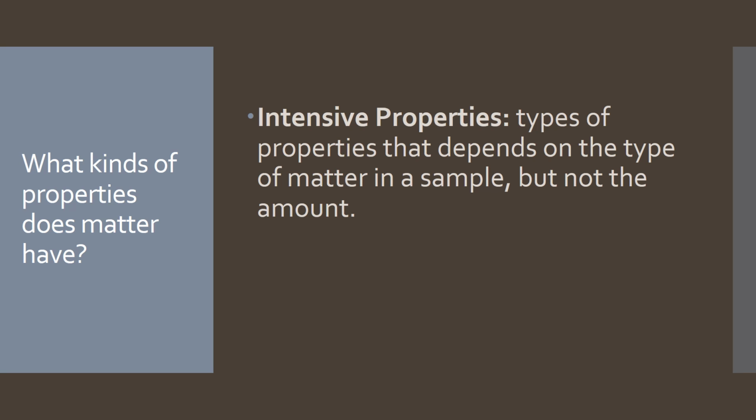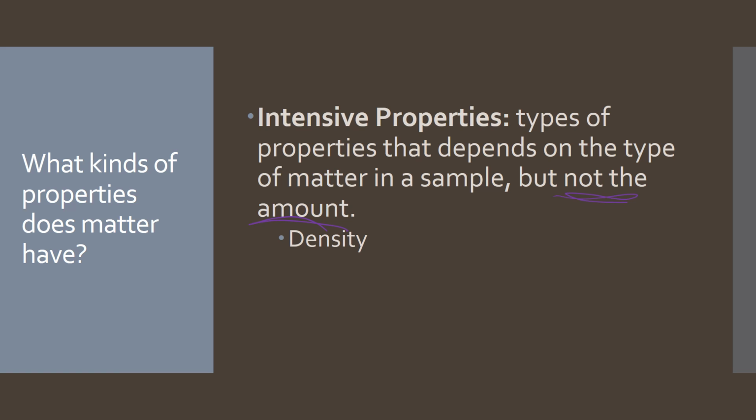Intensive properties are the second type, and these are types of properties that depend on the matter but not the amount of sample that you have. So whether you have a small amount or you have a big amount, your intensive properties of matter will still be the same. The best example of that would be density.